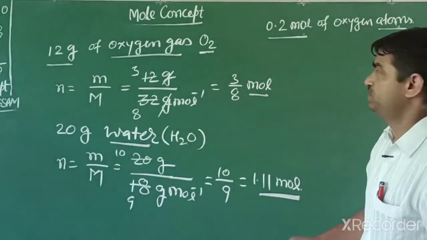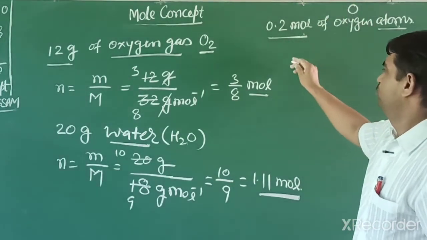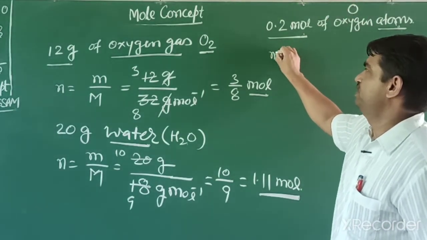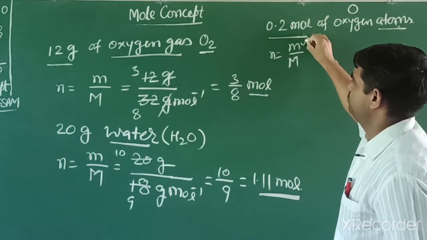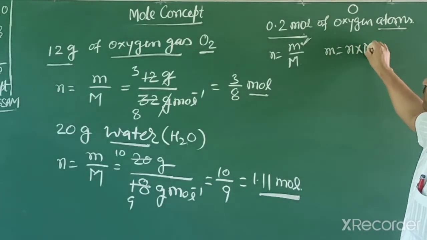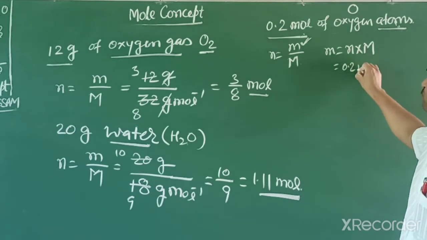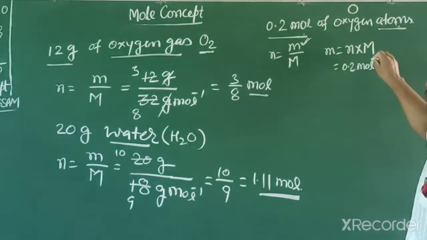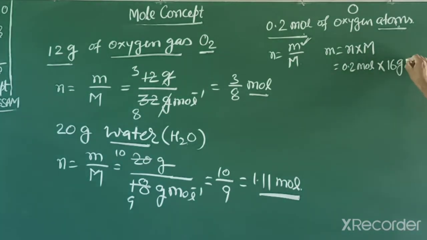So students, oxygen atom means it's represented only like this, O. So we write the formula n equals small m by capital M. We want m, then m is equal to n into molar mass. Then substitute the value 0.2 mole, and its molar mass we know 16 gram mole inverse.